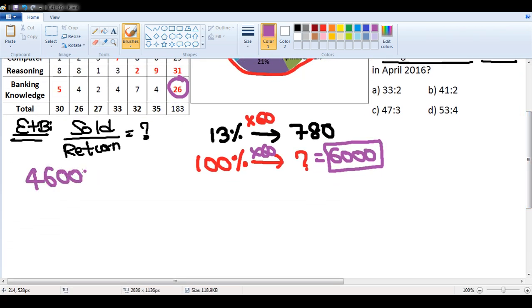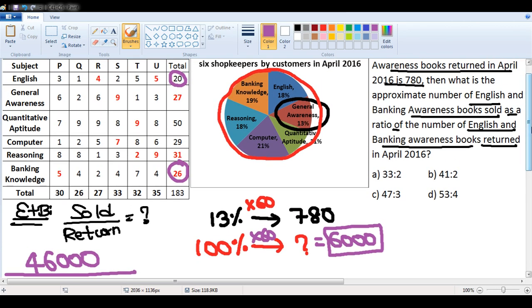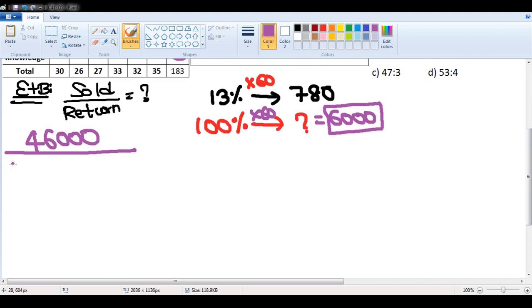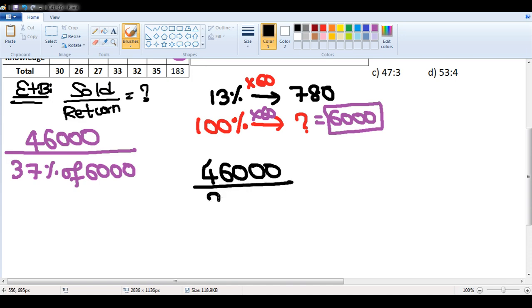Numerator is 46,000. Denominator is English and banking awareness returned. English returned is 18%. Banking awareness returned is 19%, which is 37%. But the total number of books returned is 6,000. 37 percentage of 6000 is 37 into 60, which will give you 2220.